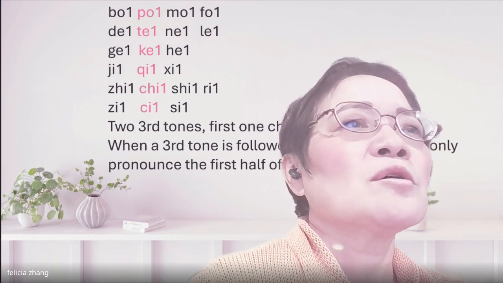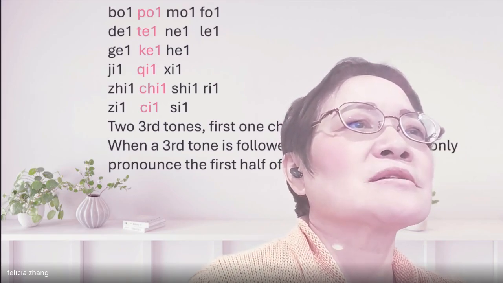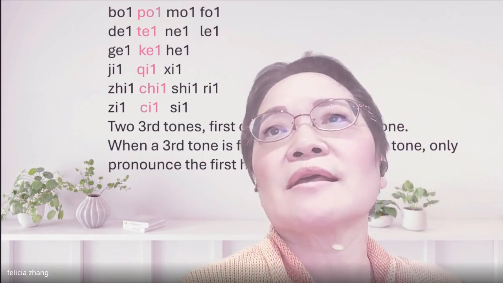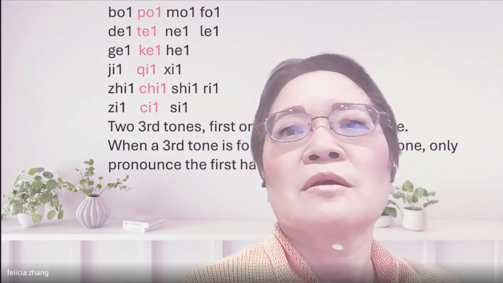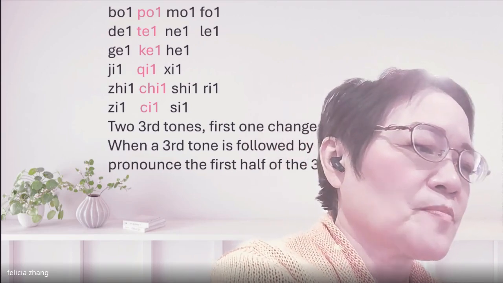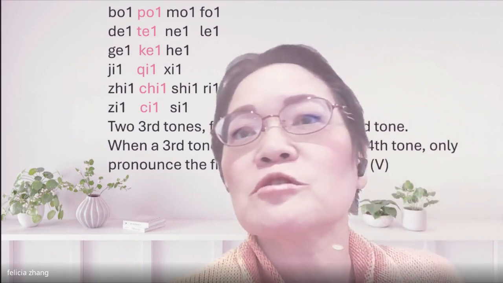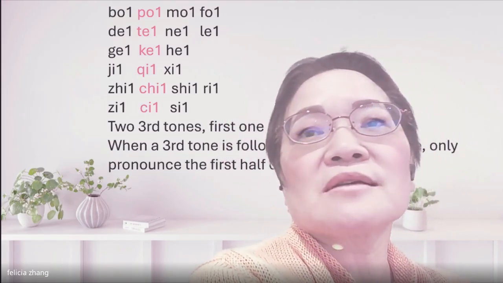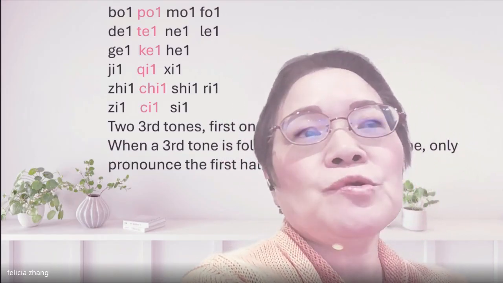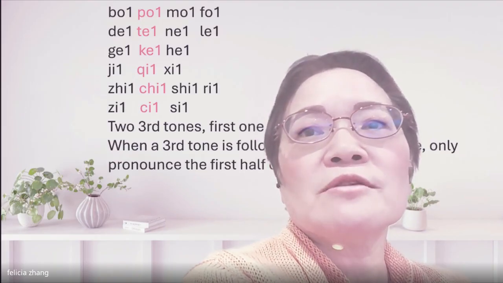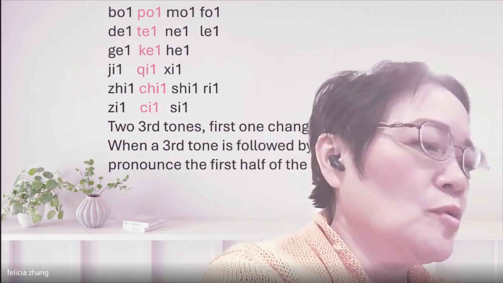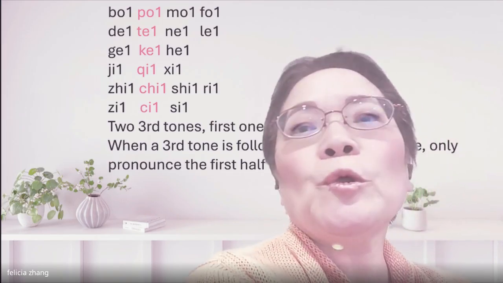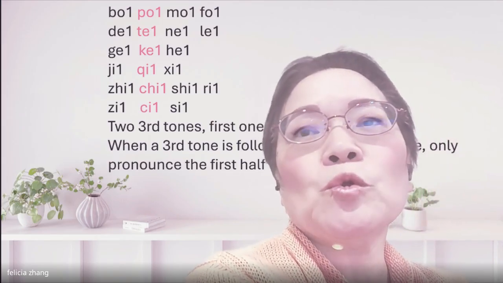So in Chinese, when U is represented in pinyin with two dots on it, this is pronounced as a yu sound, okay? So when you say L-U, it's not lu, it's actually this word, lu, green, okay?